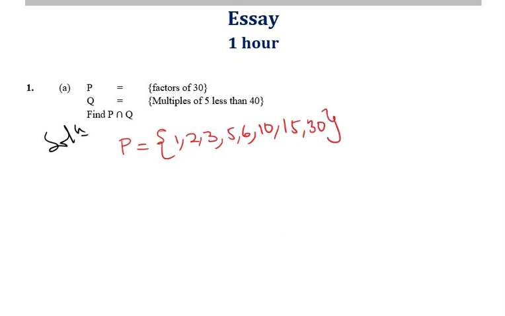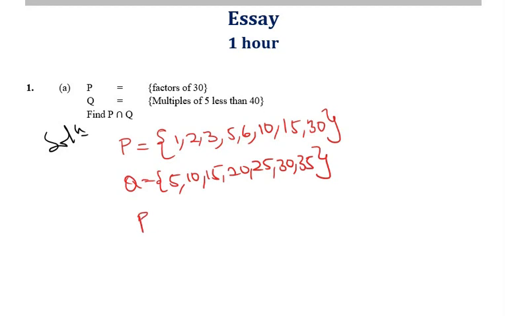These are the factors of 30. And multiples of 5 less than 40 for Q, we have 5, 10, 15, 20, 25, 30, and 35. They said it is less than 40, so 40 is not part.